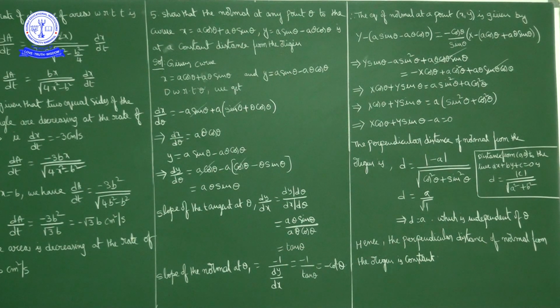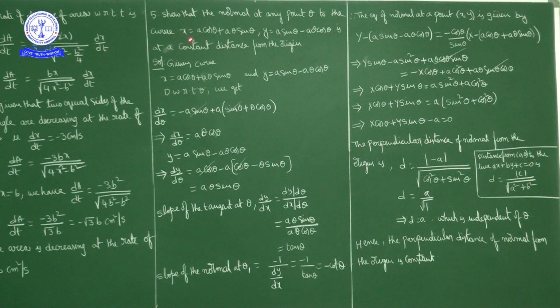But here x and y are both given in terms of theta, so first we calculate dx by d theta and dy by d theta. The ratio of dy by d theta upon dx by d theta gives dy by dx, that is the slope of the tangent.